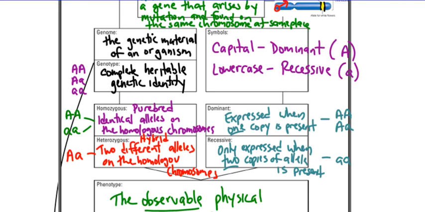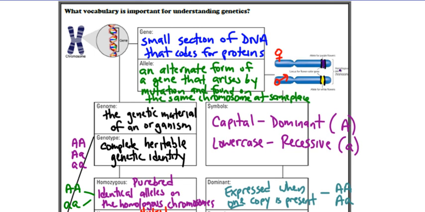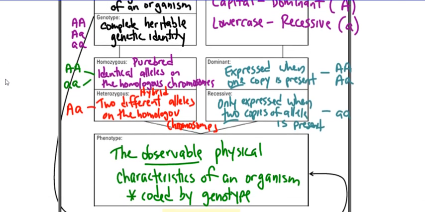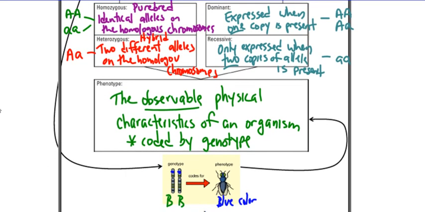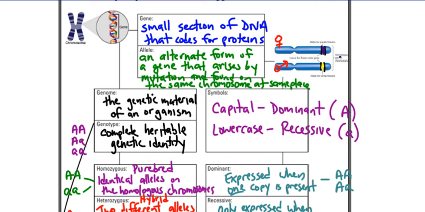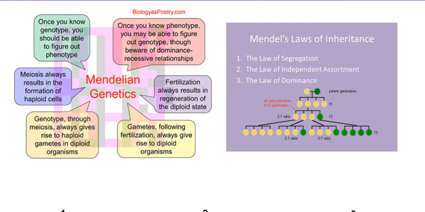So a little bit of vocabulary in terms of understanding some of the terminology we're going to be discussing over the course of the next probably 2 weeks. Now, in terms of how this is all connected, we're going to talk about Mendelian genetics.